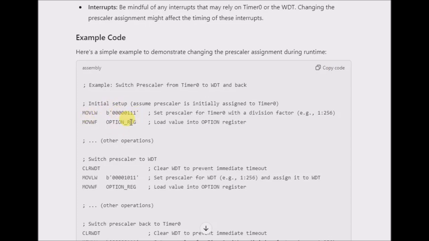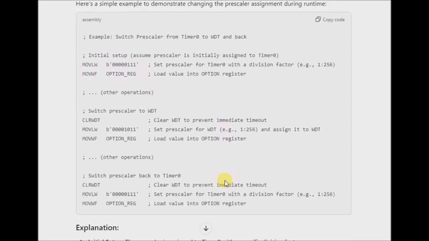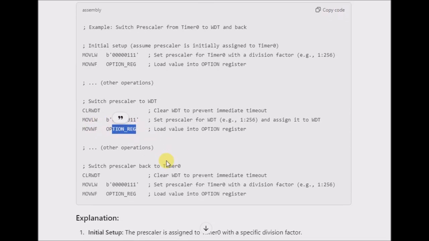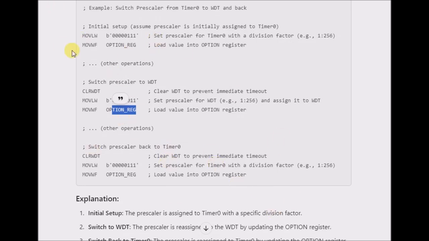This sets up the option register, clears the watchdog timer, switches the prescaler to WDT, so it clears the watchdog timer, moves a value into the option register. It's interesting it's doing it this way. Didn't know you could call it that. Who knows if ChatGPT is even getting this right?